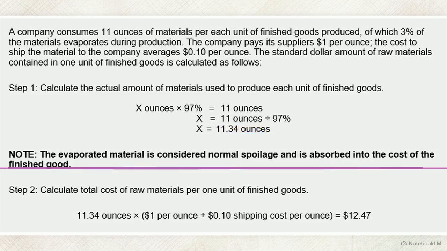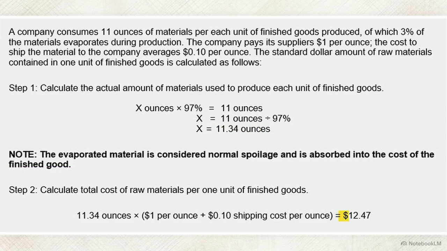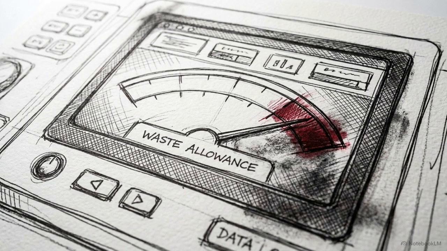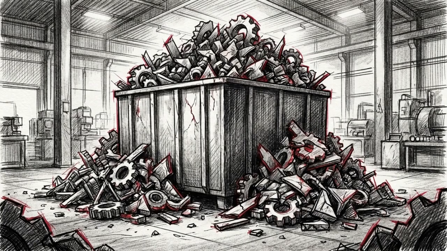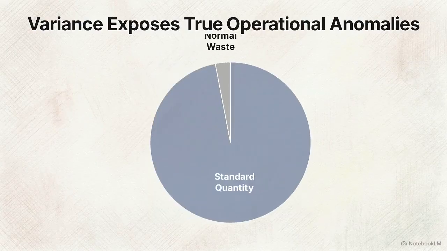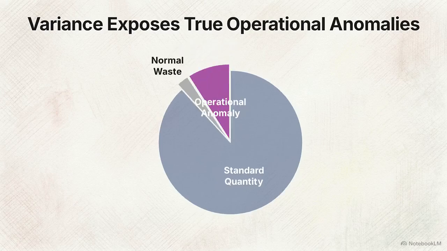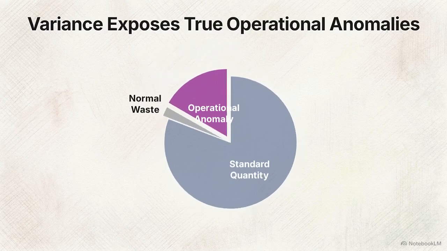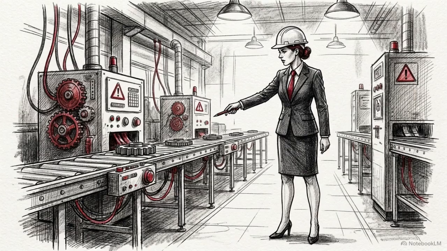This evaporated material is normal spoilage, absorbed into the final cost, which factors in base price and shipping for a $12.47 total. An unfavorable quantity variance indicates that the operation has exhausted its pre-calculated allowance for waste and is now actively hemorrhaging capital.